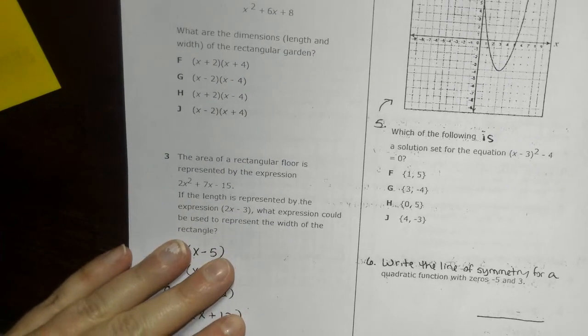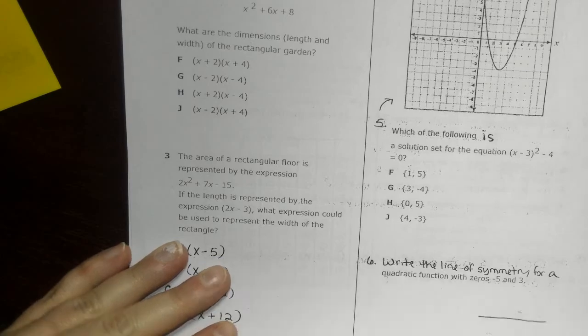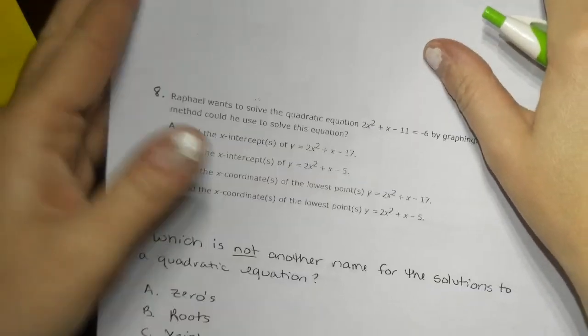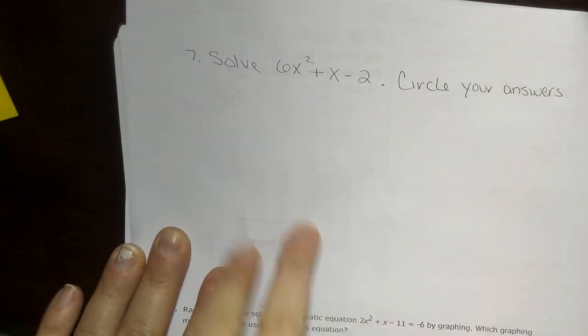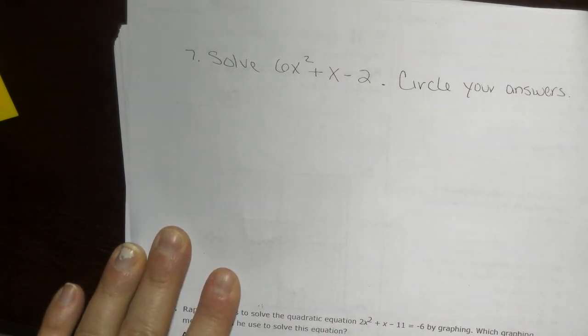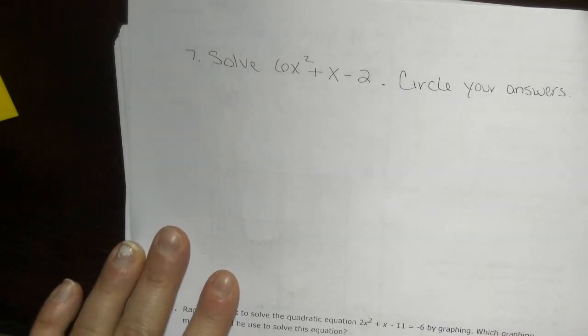And now we're on to the test. So tomorrow when you go to the test, it's going to be very similar to what you see here. And here, they're giving you a big open space. So unless you can factor this, which you can't, you're going to need to do the quadratic formula.